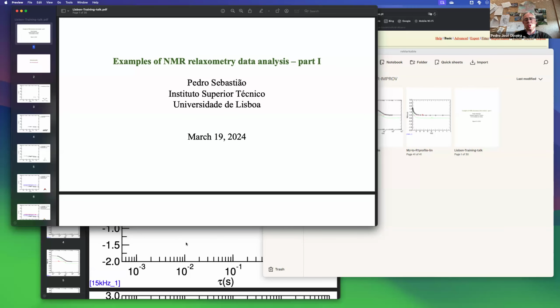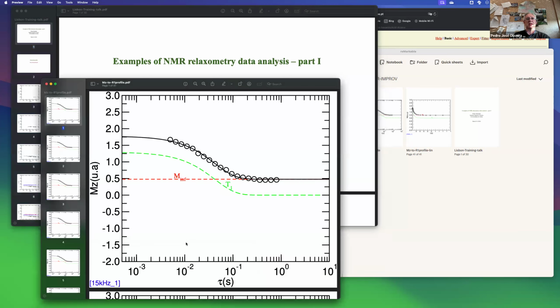To do that, I don't know how much of this you heard yesterday, but we need either one instrument able to measure the spin lattice relaxation for different frequencies in a practical and convenient way, or we have to use different experimental setups adjusted to operate at fixed frequencies, and eventually we might need one piece of equipment just to give us one point.